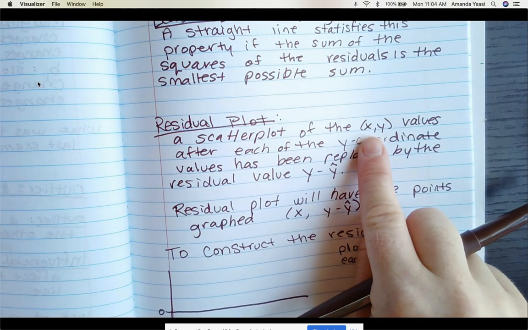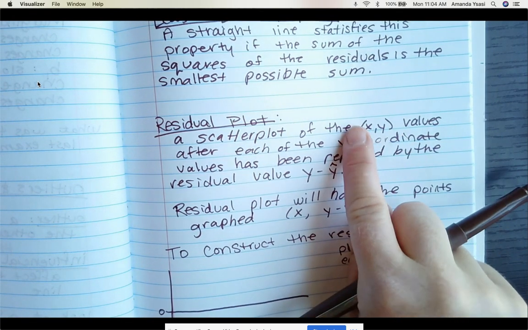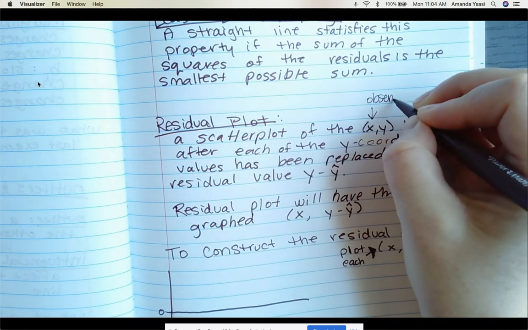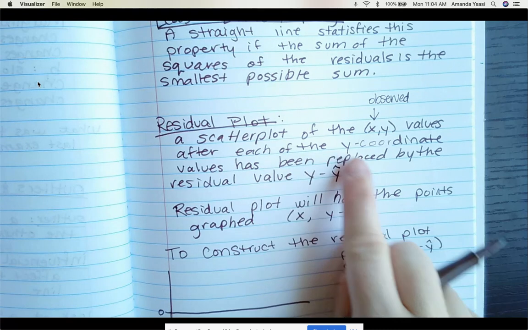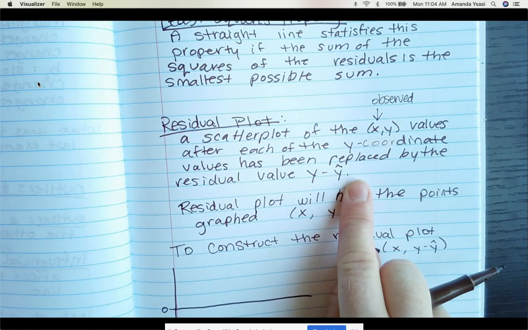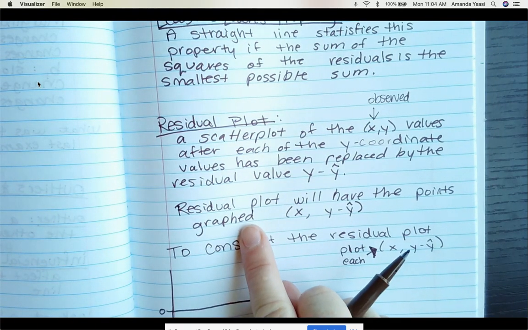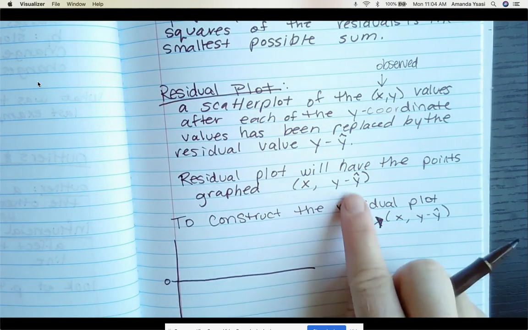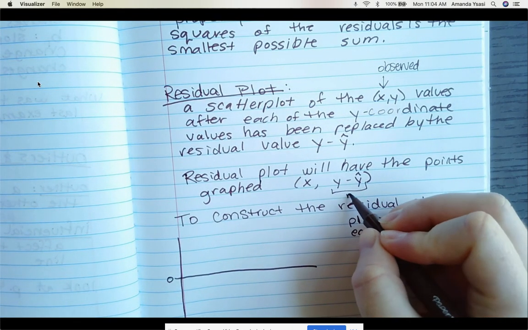Okay, a residual plot is found by using all of the residuals. So you plot x and y, where x is your observed, and y is replaced with the residual value. So the residual plot will have the points x and then y minus y hat, which is your residual.